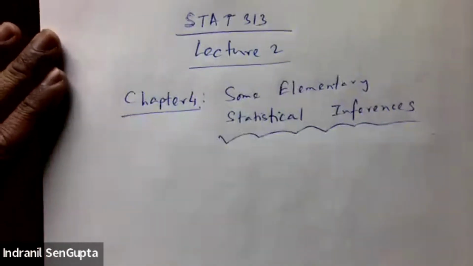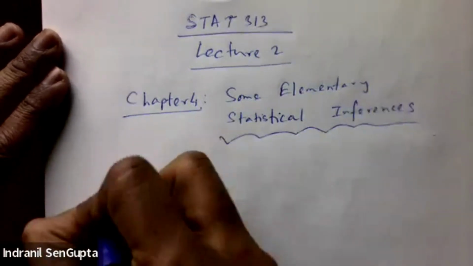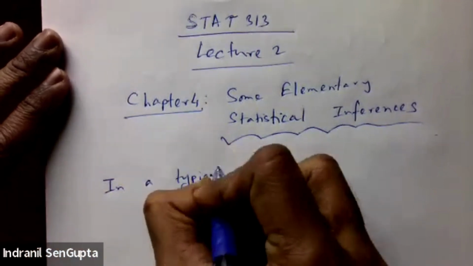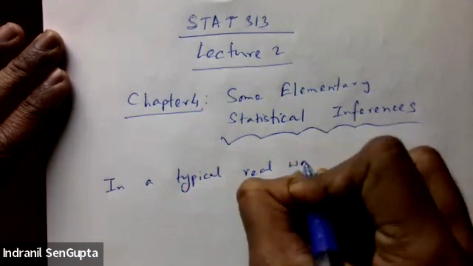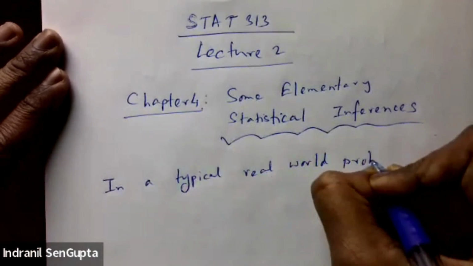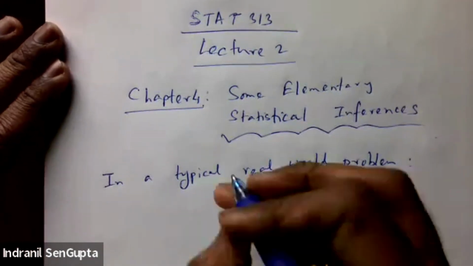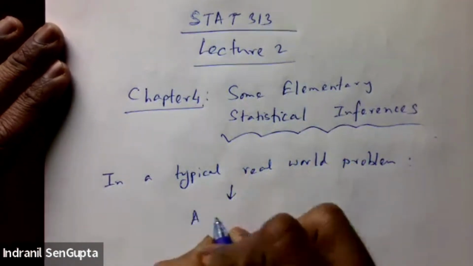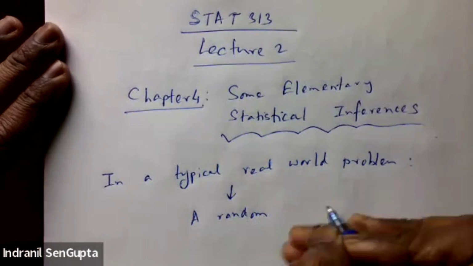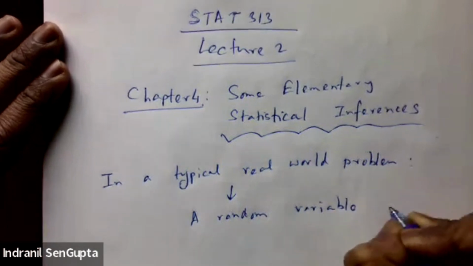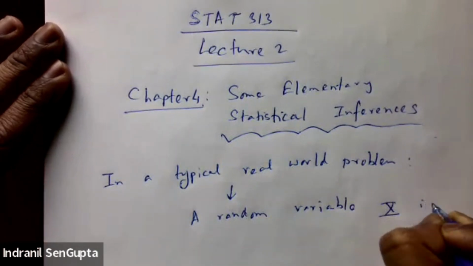In a typical statistical problem, in a typical real world problem, we usually have a random variable X of interest.